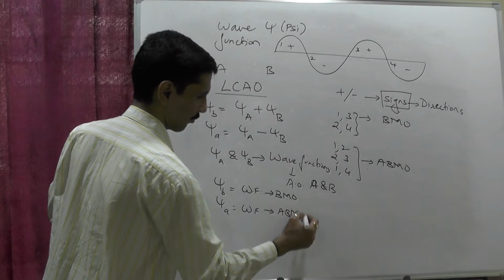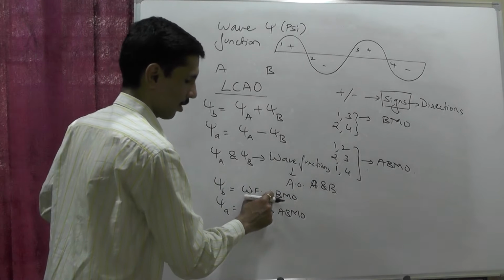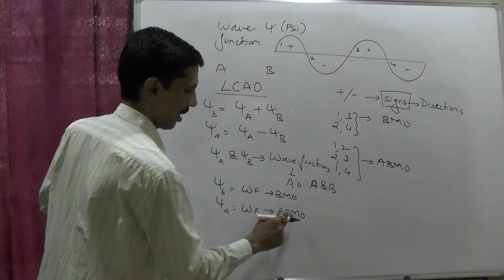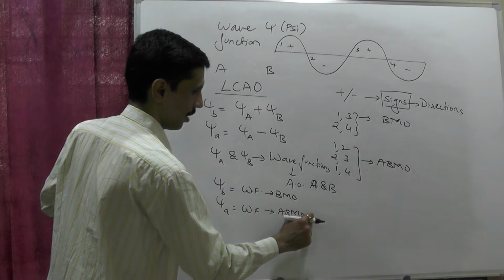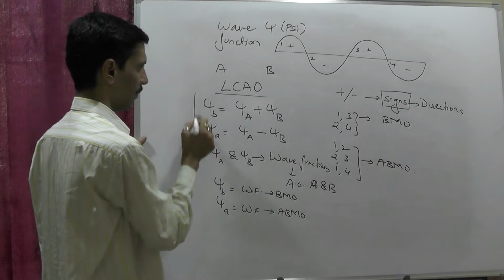I hope you understand these full terms. BMO is bonding molecular orbital and ABMO is anti-bonding molecular orbital. Alright, so you can see now, check it out from this particular part.